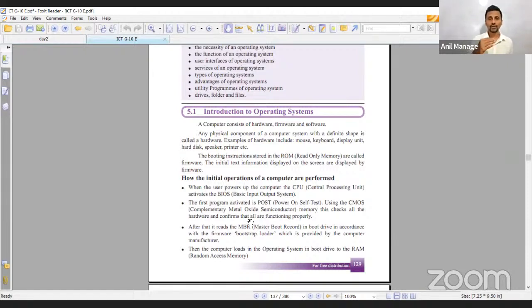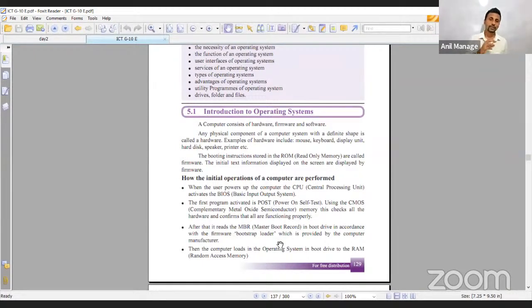When you switch on the computer, what is actually happening? There is a program called BIOS, Basic Input Output System, that will be executed through the POST method, that is power on self-test.